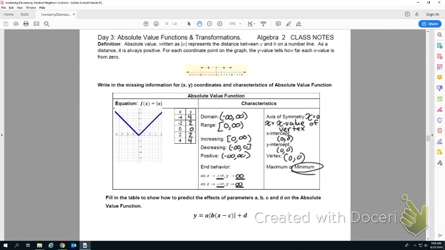So make sure you can identify all that. If you want to star the parts that are most important, I would say it's domain, range, and end behavior, axis of symmetry, vertex. If I had to add one more, I'd maybe say max or min. But that's not too difficult.